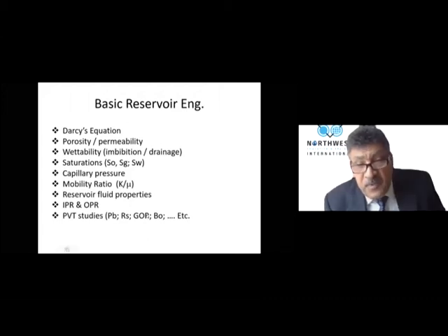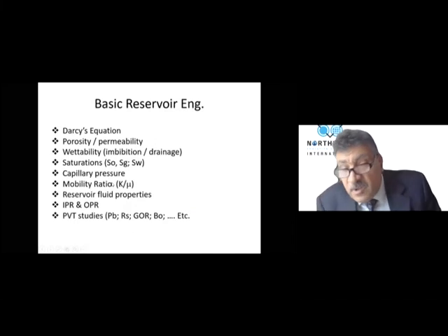Reservoir fluid properties: oil viscosity, density, saturation content, and other factors. The IPR and OPR, the inflow performance relationship and the outflow performance relationship. You have to do some PVT studies as well to understand your reservoir.